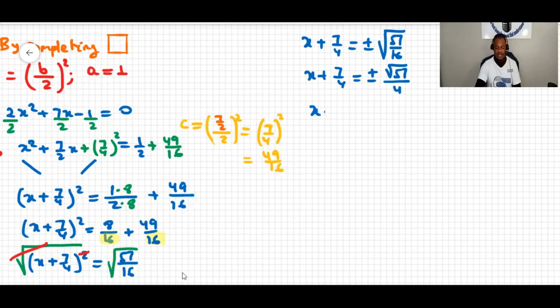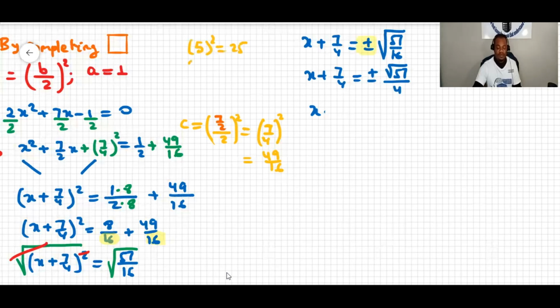Note that whenever we square root both sides, we ought to place plus minus over here. If you don't know why we do that, let me ask you something. If I ask you 5 to the power of 2, you tell me it's 25.